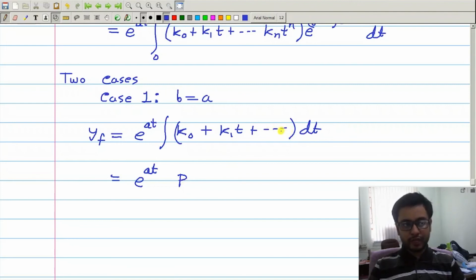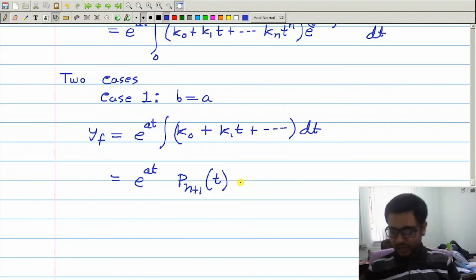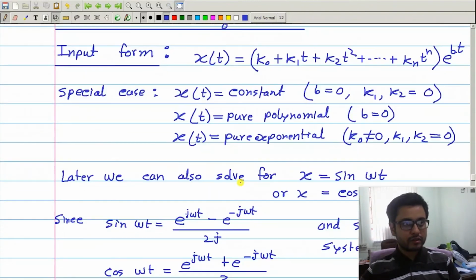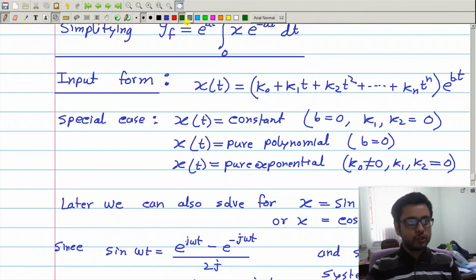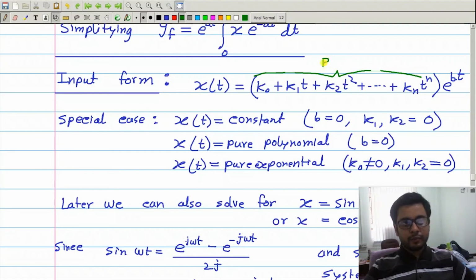If this is a polynomial with order n, then the integration will result in a polynomial P_{n+1}(t). Let me denote this polynomial as P_n(t), an nth order, nth degree polynomial.